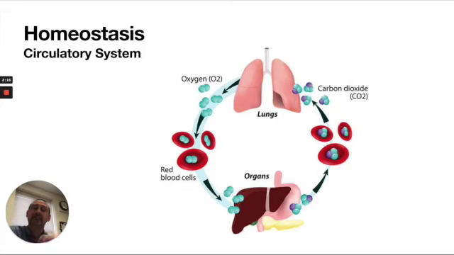But individual cells are trying to get rid of that carbon dioxide so that it doesn't throw the cell out of balance. In this case, the circulatory system helps to do that by having a high concentration of oxygen in the blood vessels and a low concentration of carbon dioxide, which allows those cells to diffuse oxygen into the cell and carbon dioxide out of the cell.